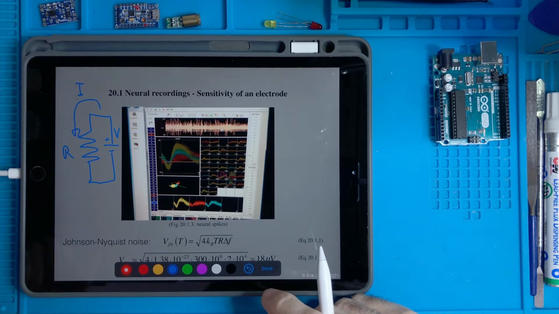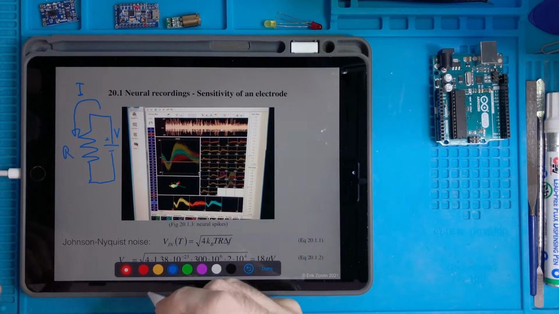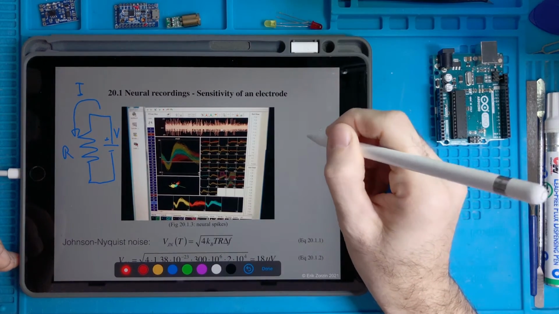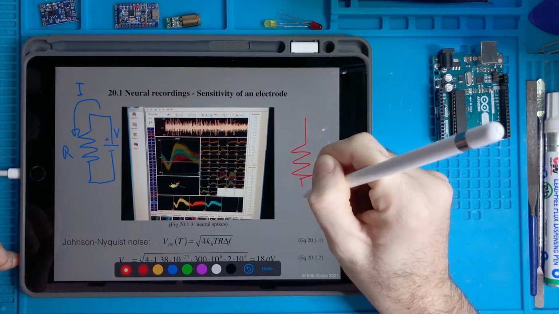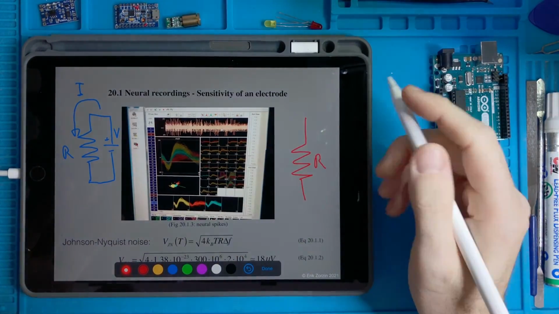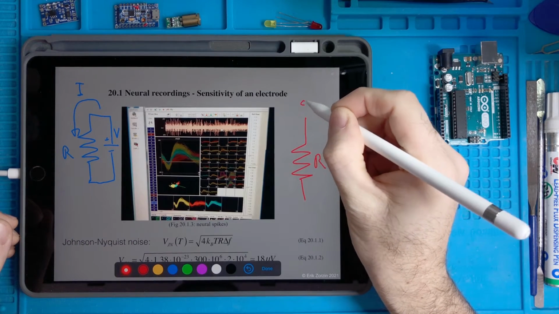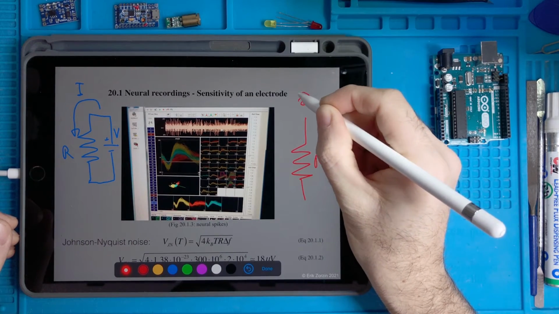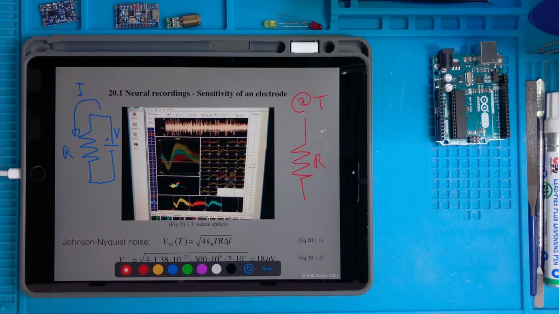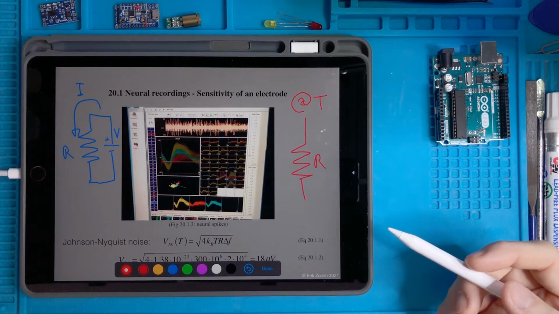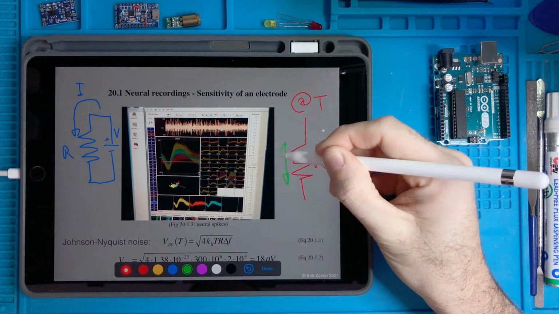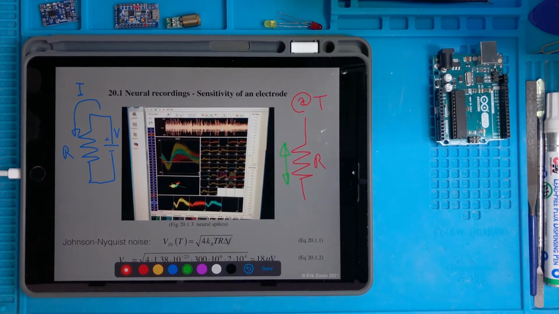But this is not completely true. Let's say it is true from a theoretical point of view, but in practice, if you have a resistor like this, not connected to anything, but placed in a room, in an environment having a certain temperature T, then there will be a current flowing in this resistor, up and down like this.